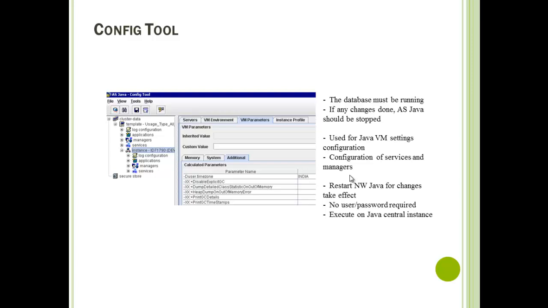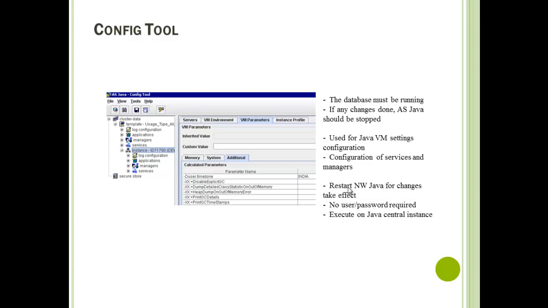In general, we can say the VM setting can be done only by the config tool. You can use the config tool to configure and manage managers and services of application server Java as well. And once you've done the configuration, you need to restart NetWeaver Java to make the changes effective, because you are making changes in the core Java.